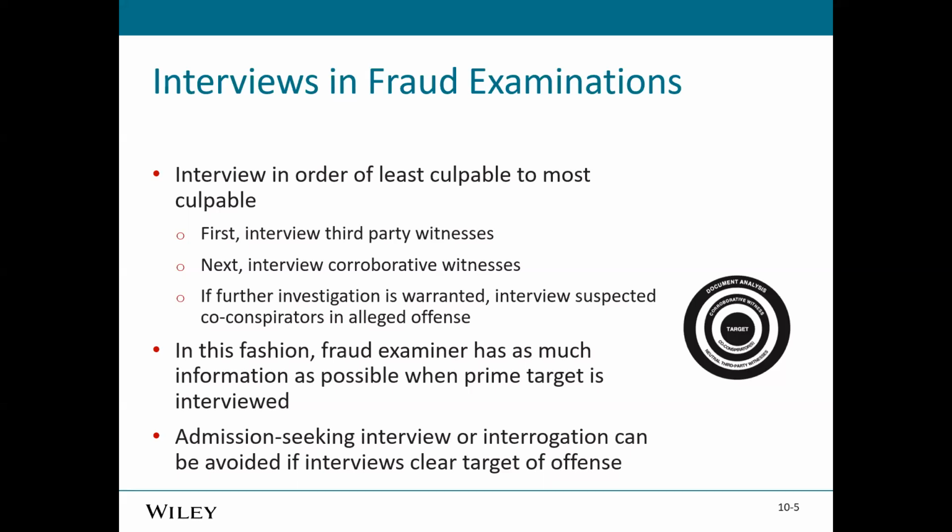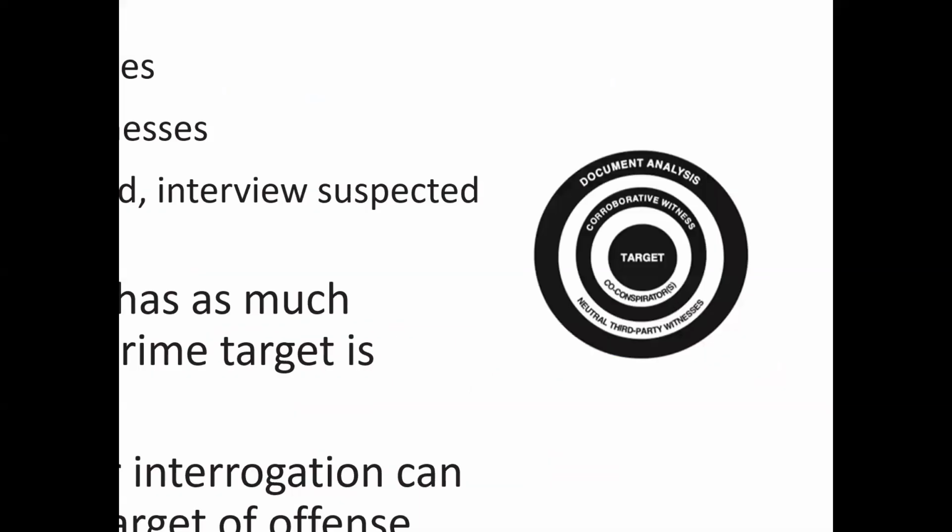All right, so when we are in a fraud examination, evidence is generally gathered in a manner that moves from the most general to the specific. If we look at this little bullseye, on the outside, we're going to start with some document analysis to get a general understanding of what's going on.